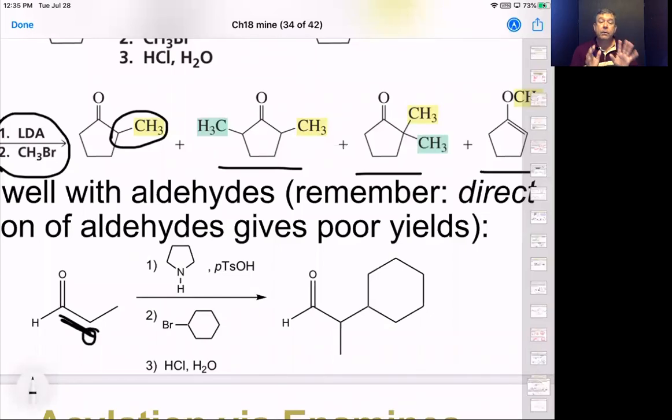And again, it's not forming a true anion. It's forming this trapped double bond, and then it'll reach out and displace it in an SN2 type reaction. And once we hydrolyze, we'll get mono substitution at that alpha position to the aldehyde. Okay, so it's a really good thing to use, especially with the aldehydes.